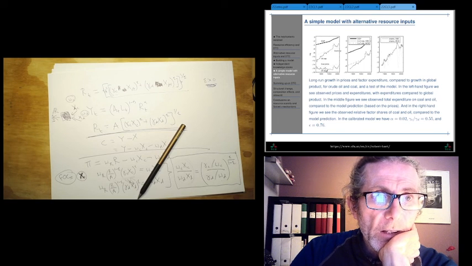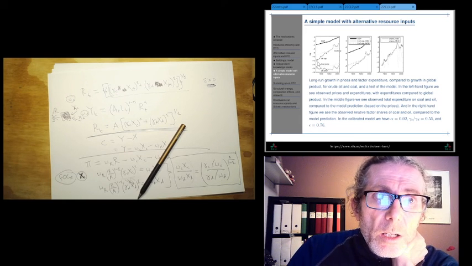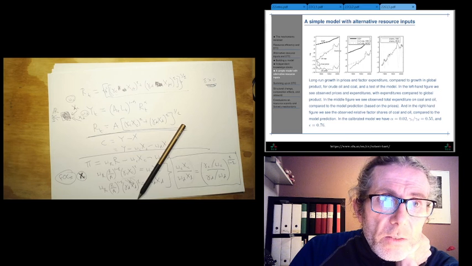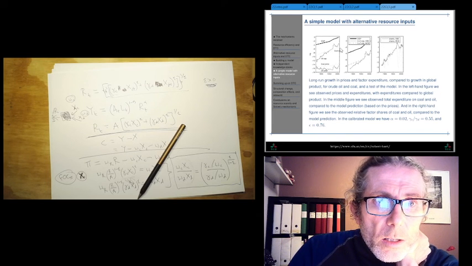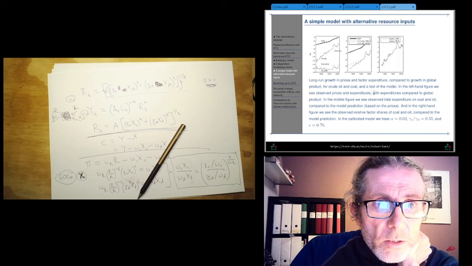Okay, coal price, that's our input, and then we've chosen some parameters, and this is our global product data, and then we've chosen some parameters to get predicted, and we've also got oil expenditure and coal expenditure in the data. So in the left-hand figure we see observed prices and expenditures, with expenditures compared to global product.